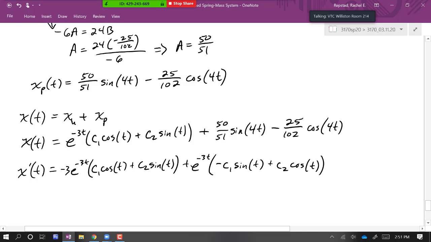And then 50 times 4 is 200, so 200 over 51 cosine 4t minus 100 over 102, plus, right? Oh, yes, plus. Yeah, thank you. Sine 4t.